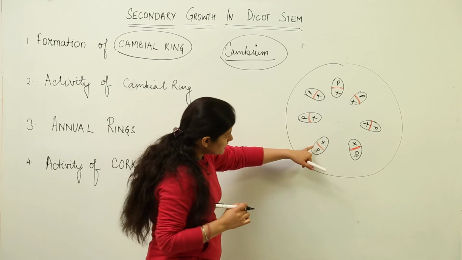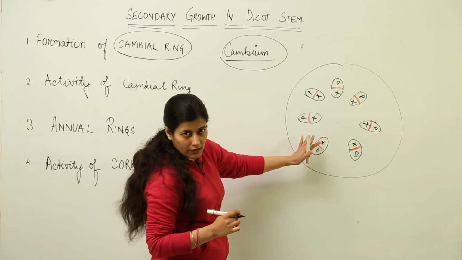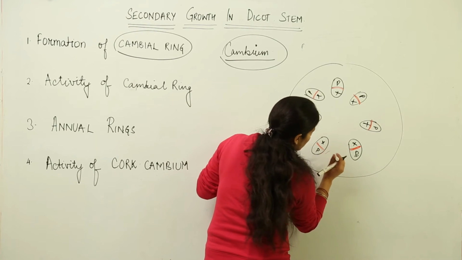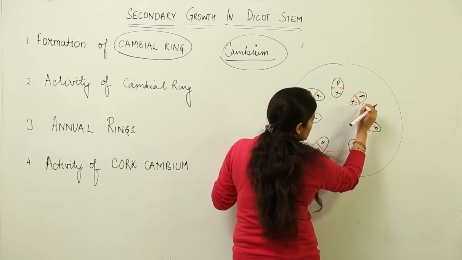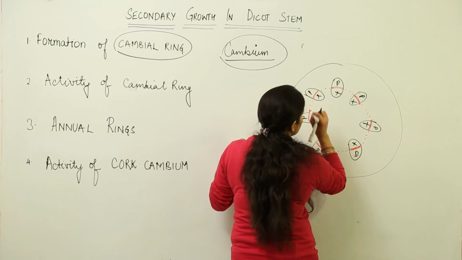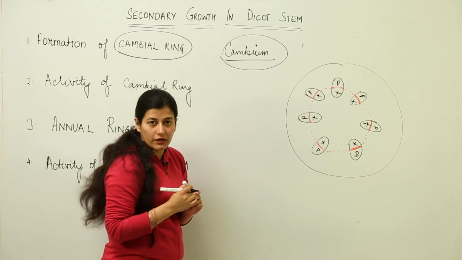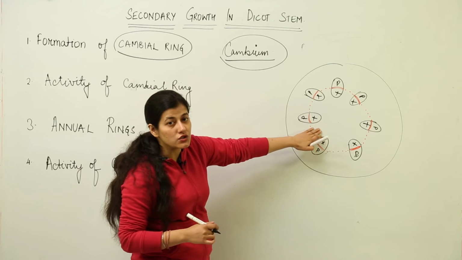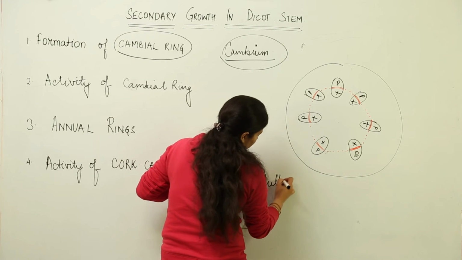Now, this part, as you can see, would form a ring in case it is joined. In case it is joined, then we arrive at the stage where we have formation of the cambial ring. Now, this particular region is otherwise known as the medullary ray, if you can recall.